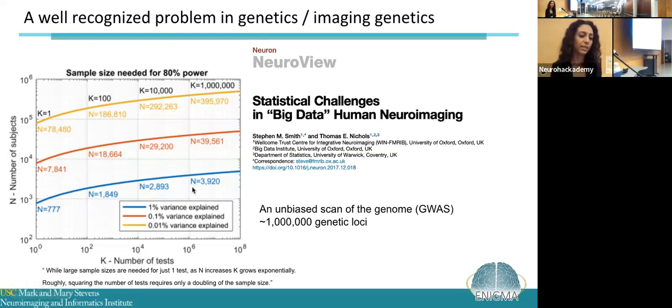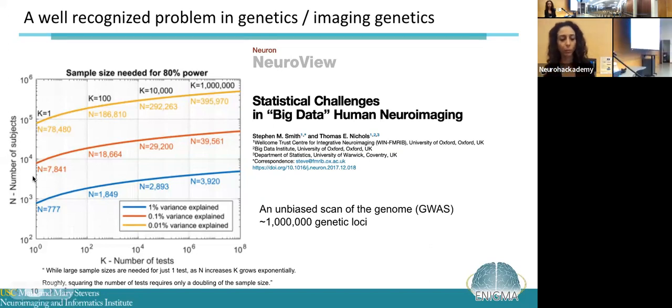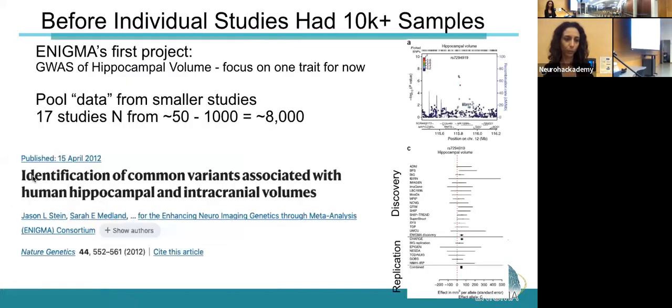So this means that for a single trait, a single test, in order to find a significant association that explains 0.1% of the variance, we need roughly 8,000 samples. So this was pretty well known within the imaging and genetics field over the last 10 years.